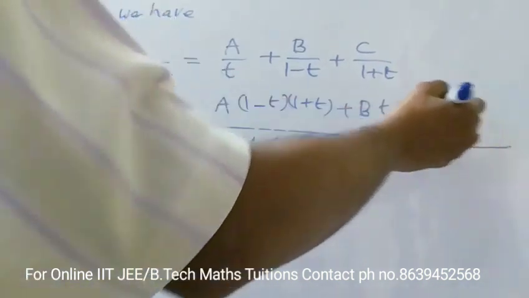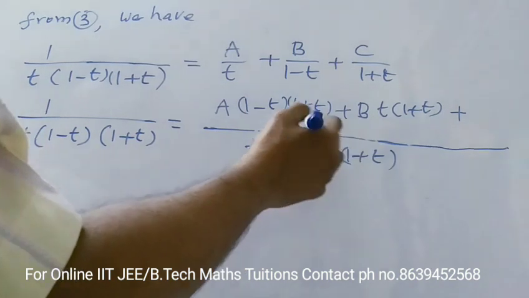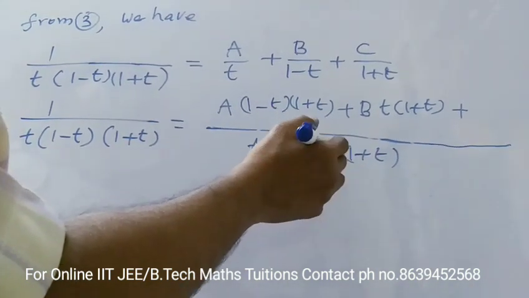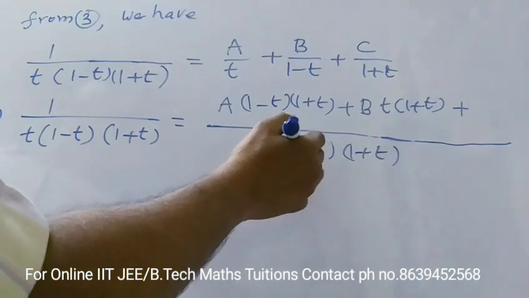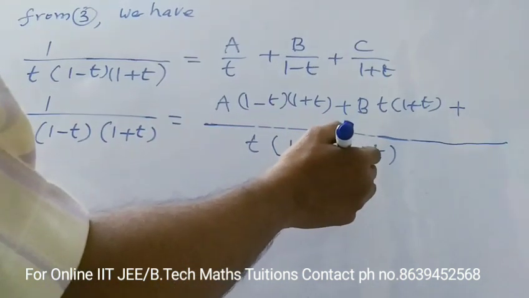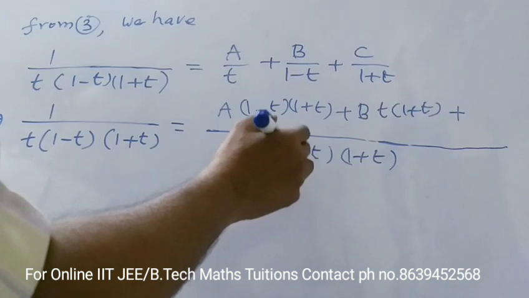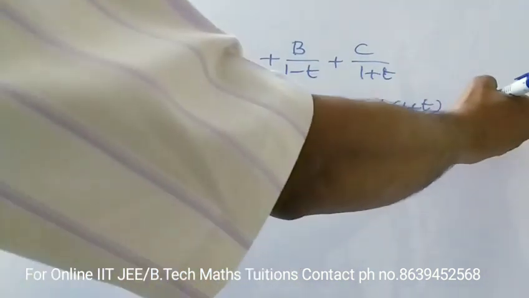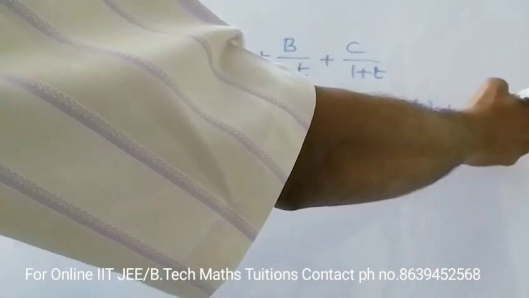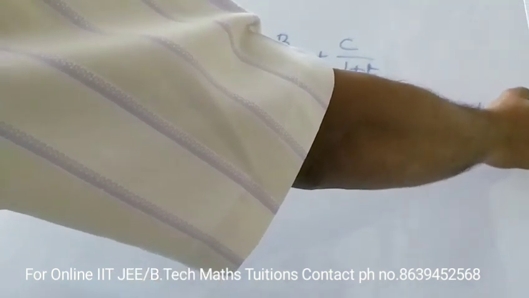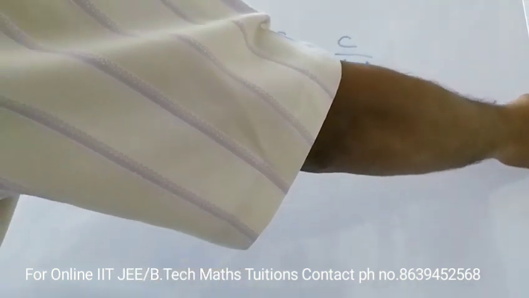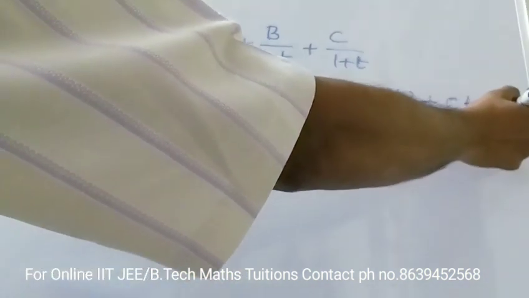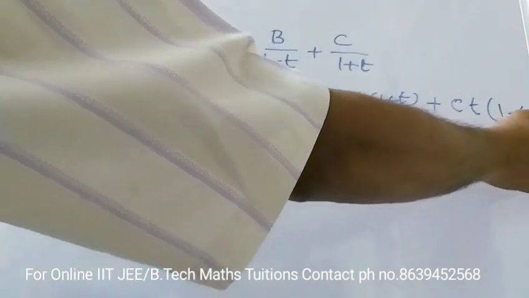Plus 1 plus t divides the denominator terms; after cancelling this, the leftover term is t of 1 minus t. So that is c into t of 1 minus t.